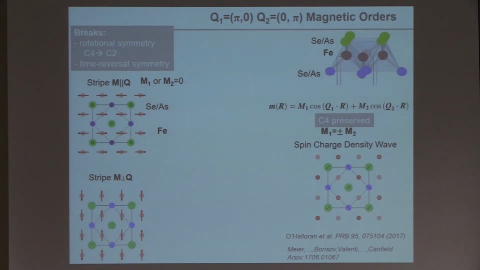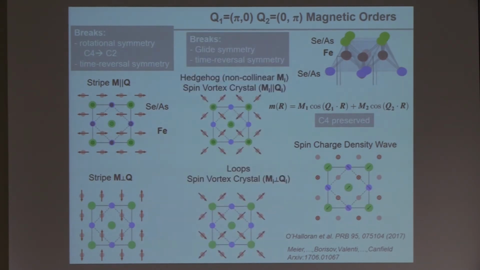But there is now a third order that one can think of theoretically: if I break glide symmetry, so basically I'm breaking inversion symmetry, I have a third option. And that third option is starting to have non-collinear types of orders, like a hedgehog order or a spin vortex crystal. So this would be 2 in, 2 out, and this would be just in, out, in, out, basically showing a kind of loop.